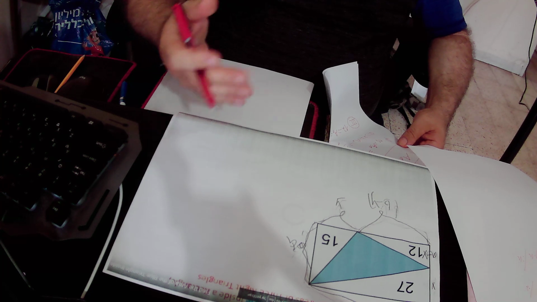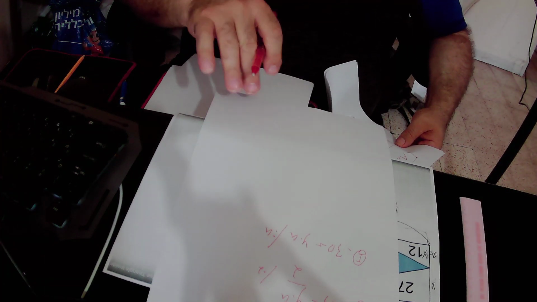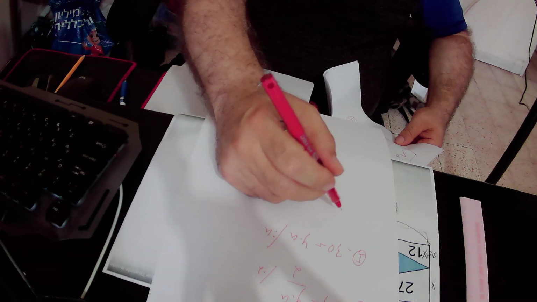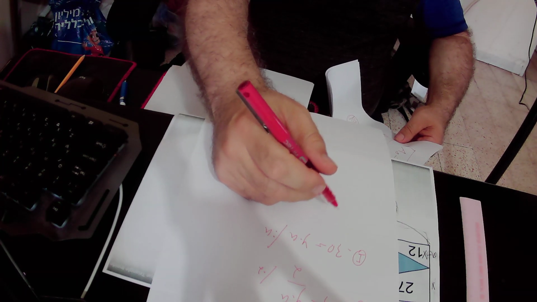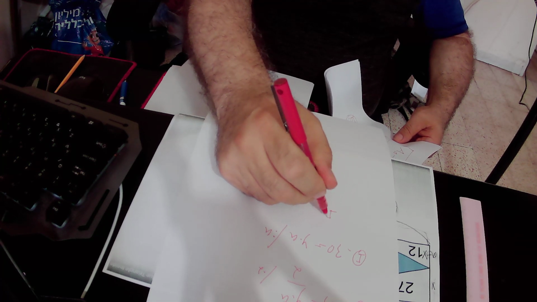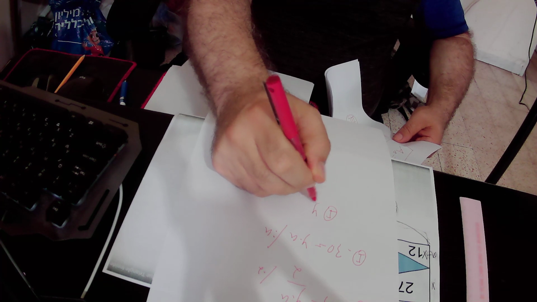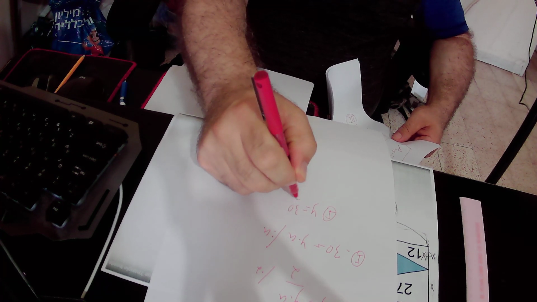So we can divide both sides by a, and in this way we take y out of the equation. We will get that y equals 30 over a.